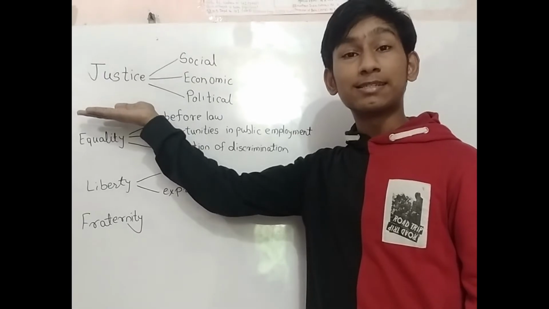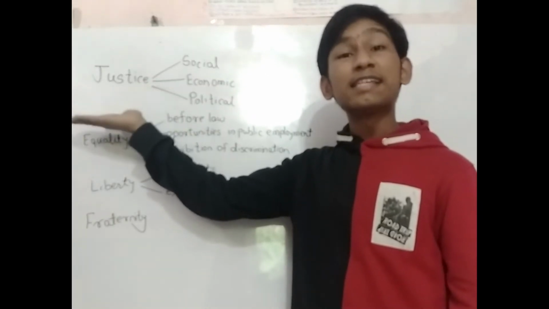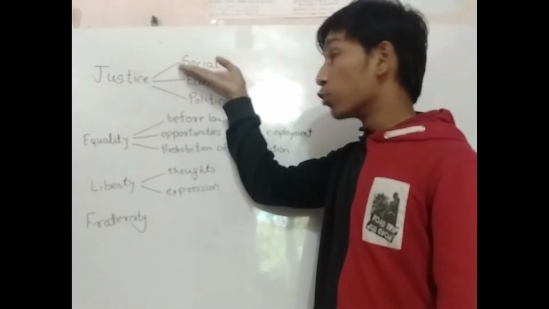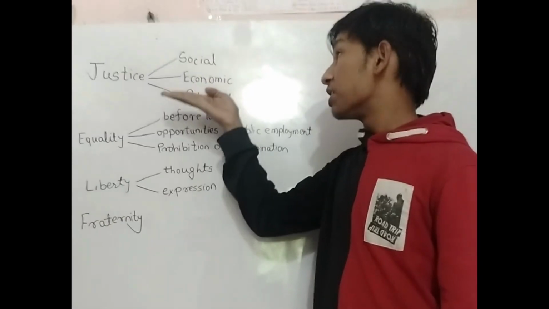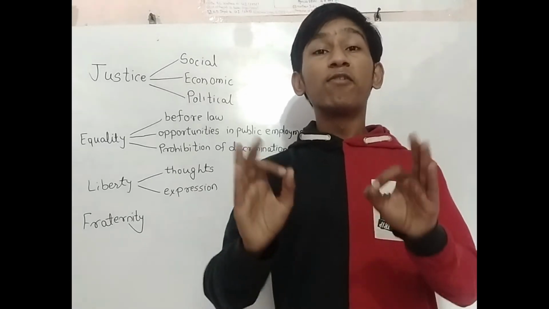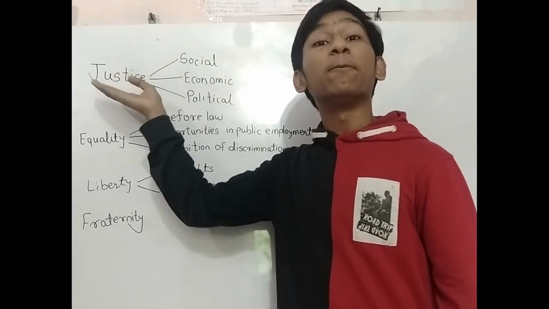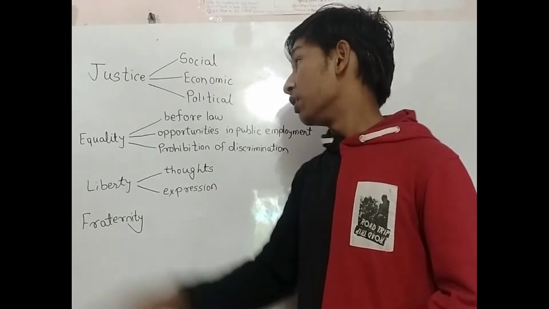First is justice. There must be easy access to justice for every citizen in our country, whether it be social justice, economic justice or political justice. Every person must have easy access to this justice, which is an objective of the Indian Constitution.